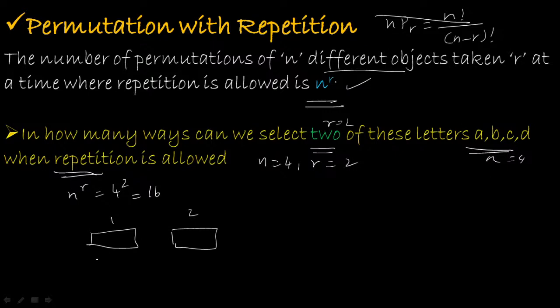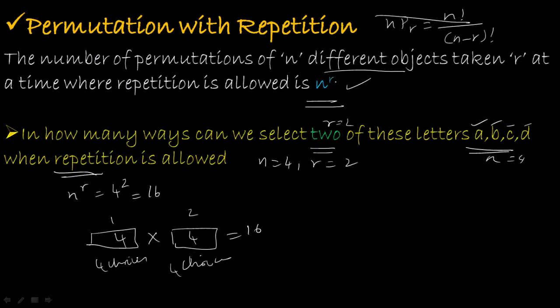For the first letter, you have 4 choices, since we have A, B, C, D, 4 letters. For the second letter, you have again 4 choices. So, 4 product 4 is 16.